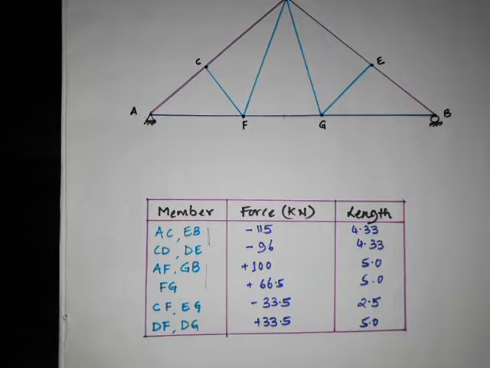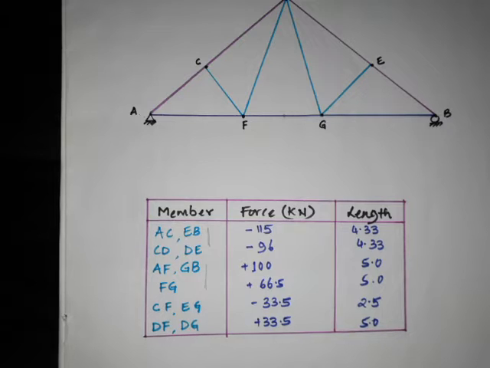If you go back and refer to the table given for problem number 1, in the previous videos where we solved problem number 1, you have to check the table for the forces.